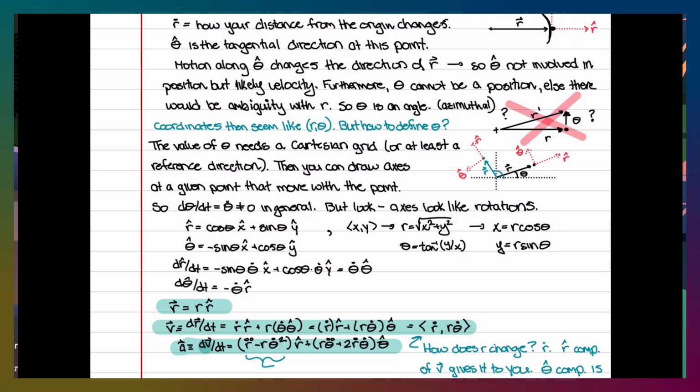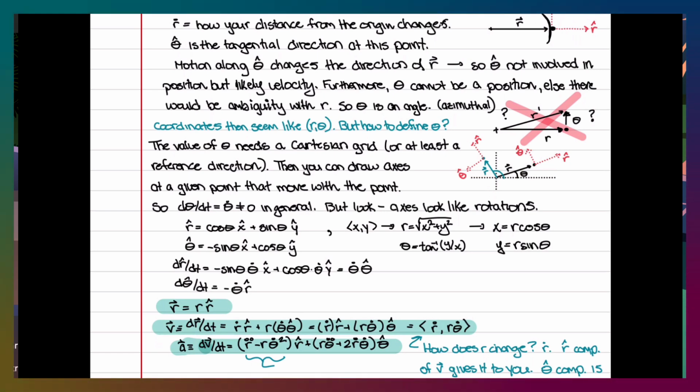It would not necessarily make my life easier, probably harder, actually. But we do have to be careful in making sure we know how this theta is changing with time, because that changes the orientation of our coordinate system, which then affects how we define position, velocities, and accelerations.